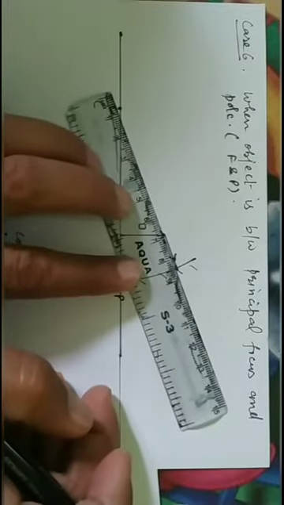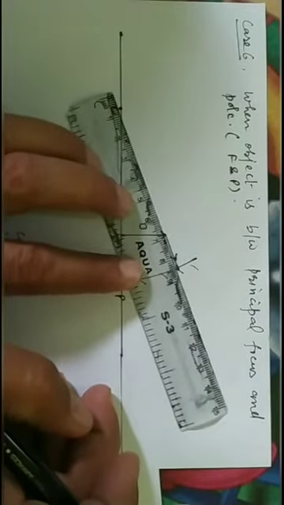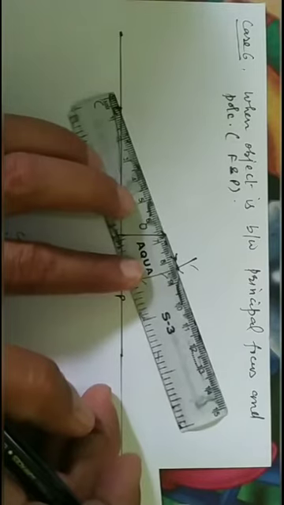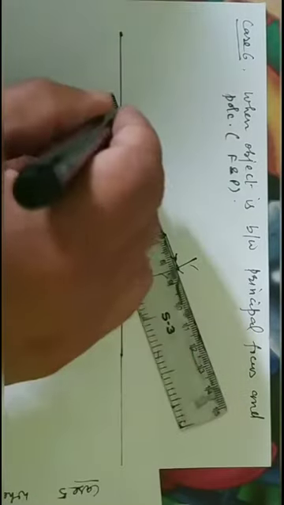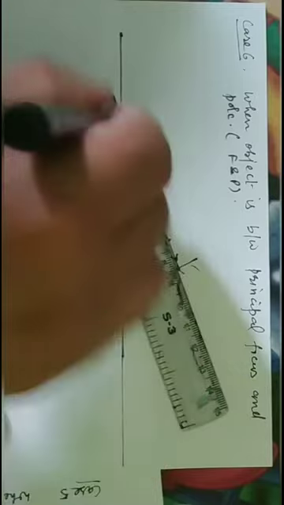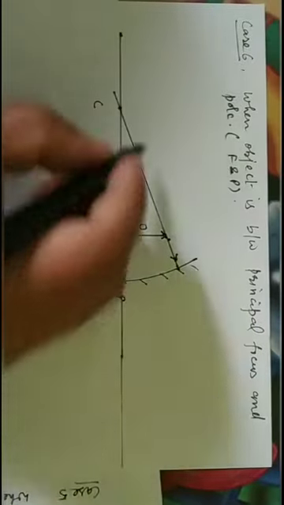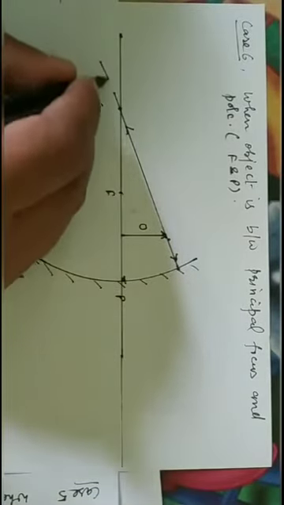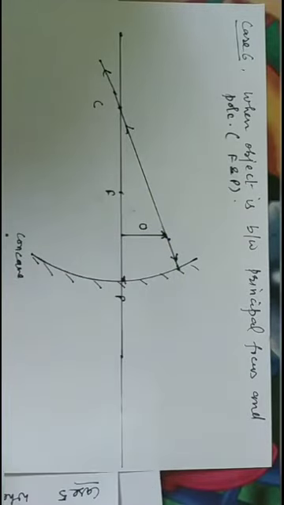Any ray which passes through the center will trace its path and come back. So this is our reflected ray.